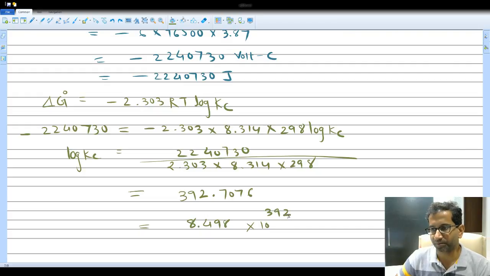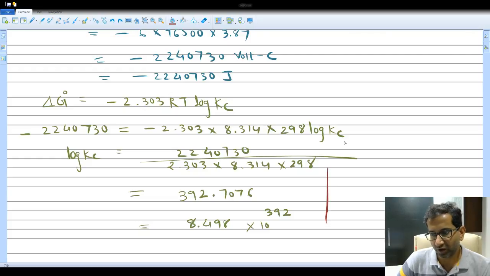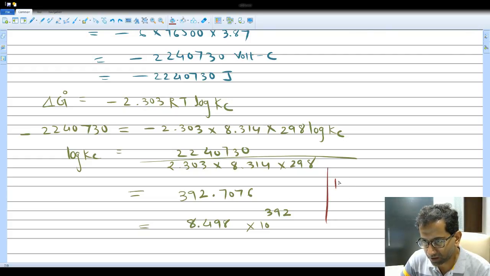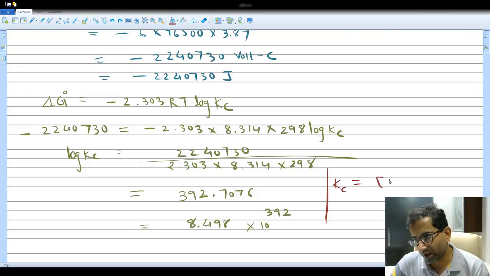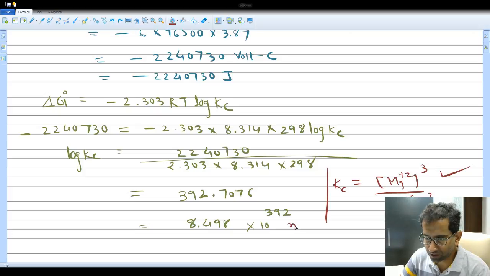You can see the power, so it's a huge power. Now come to the unit, right? See the equation. Should I write Mg plus 2 concentration cube upon Au plus 3 concentration square? So this is mole per liter cube, mole per liter square. So this results in mole per liter.